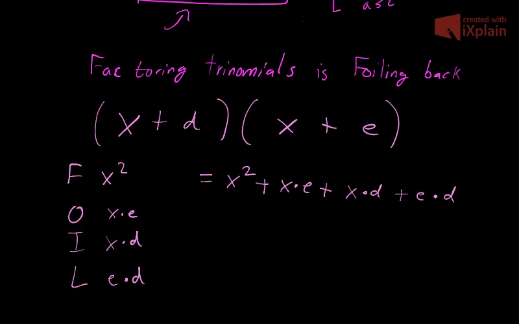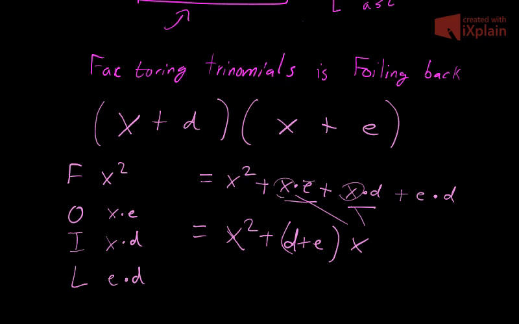I'm going to simplify this a little bit more. So this is going to be equal to x squared plus, and I can factor these two terms here, and what happens then is it gives me D plus E times x. So I just did that the old way of factoring, where I took the x out of both and put it on the outside of the parentheses, and we were left with E plus D. So you have x squared plus D plus E x plus E times D. Let me get rid of all those extra lines.